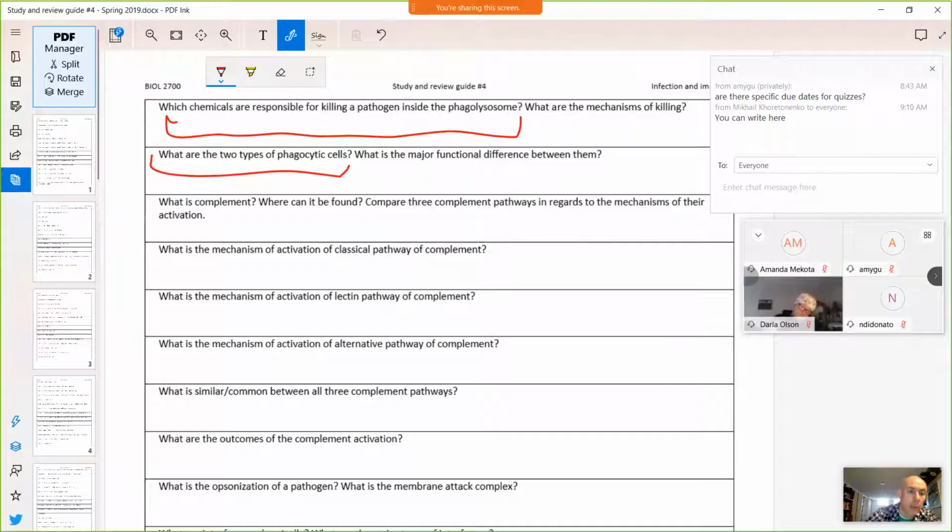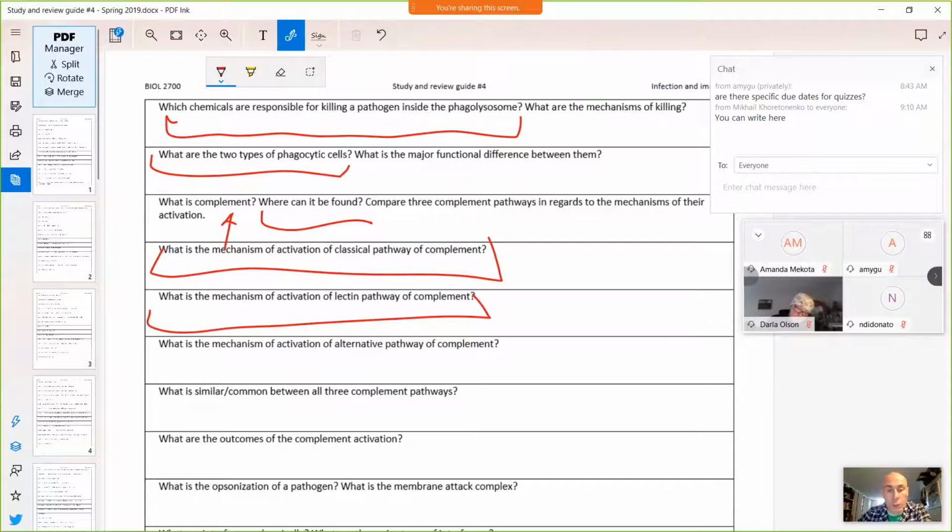Complement is a set of proteins that can be found in the blood plasma. There are three complement pathways. The mechanism of activation of the classical pathway of complement: antibodies on the surface of the pathogen. Lectin pathway: mannose sugar on the surface of the pathogen interacts with lectin, activating the lectin pathway. Alternative pathway: various macromolecules on the surface of the pathogen.